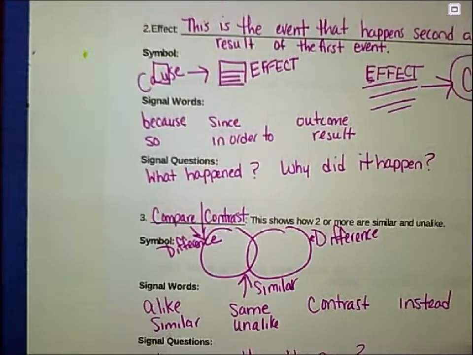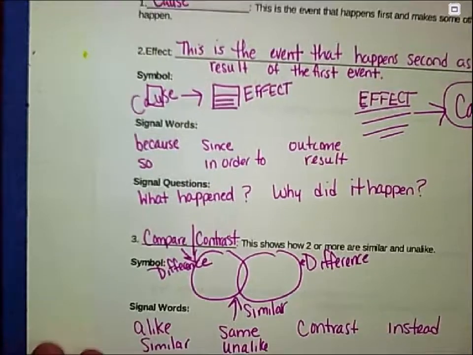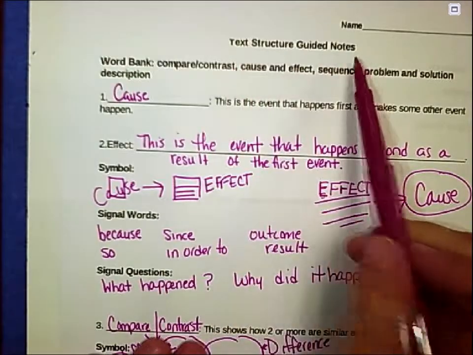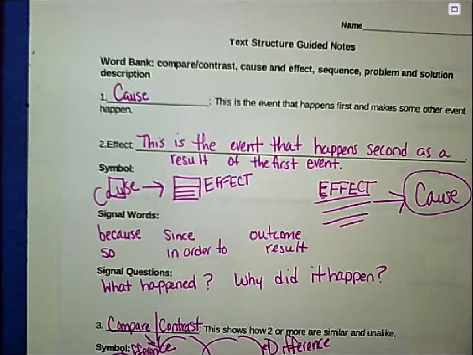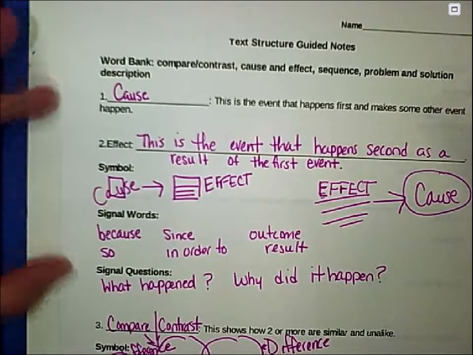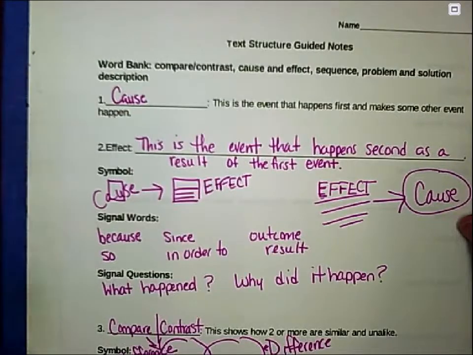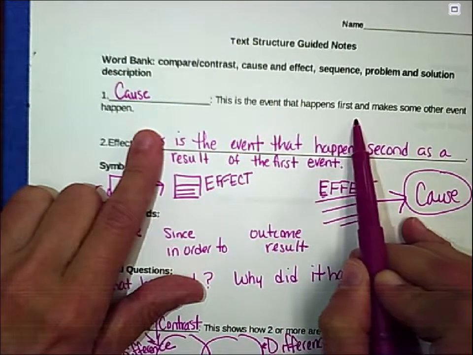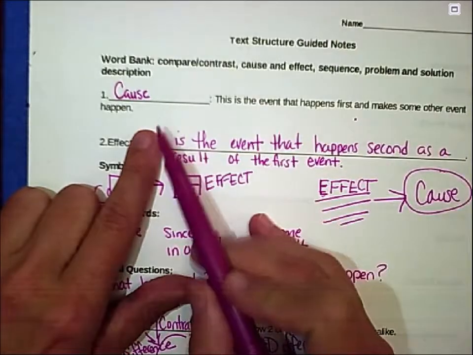Okay, so before I go on to the second page, I'm just gonna kind of go over and restate everything one more time. So we talked about text structure, and this is the setup of a piece of text, and the author uses this to convey their message. So the first two that we talked about were cause and effect, and cause, this is the event that happens first, and it makes some other event happen.